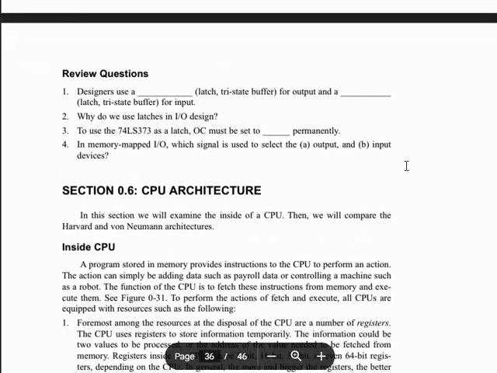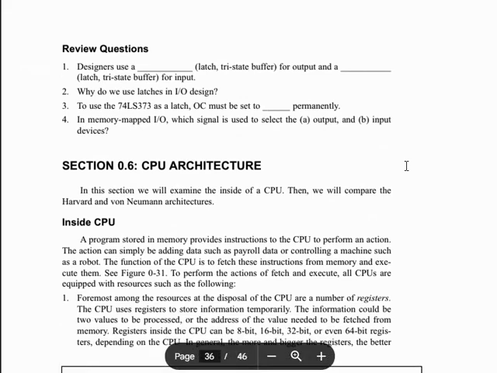Then the CPU architecture. What is inside the CPU? Key components are registers, ALU, and program counter. Registers provide temporary storage for information such as data. The ALU, the arithmetic logic unit, performs addition, subtraction, multiplication and division. The instruction decoder interprets instructions fetched into the CPU, determining the steps to take.